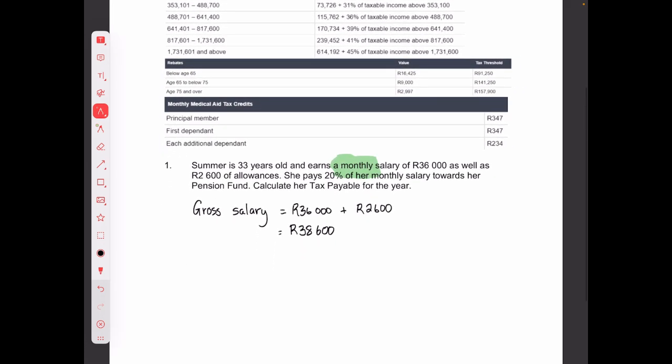So her annual salary will be 38,600 times 12, and that gives me 463,200.